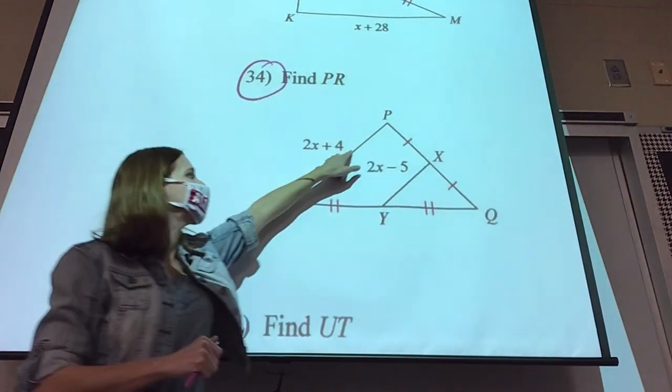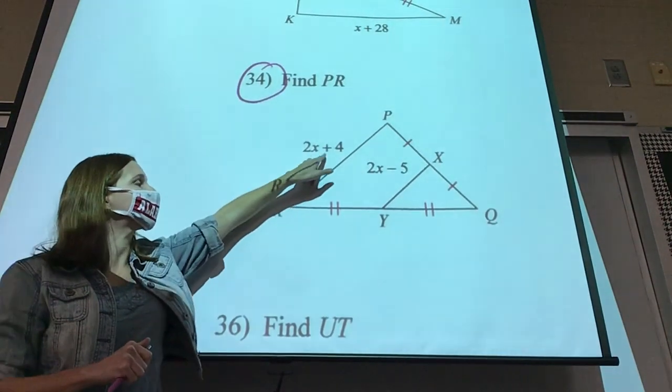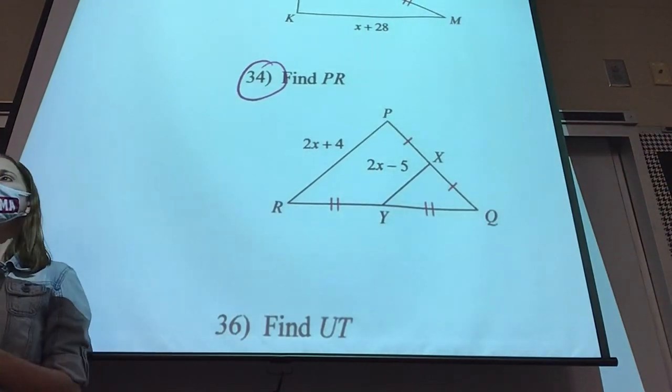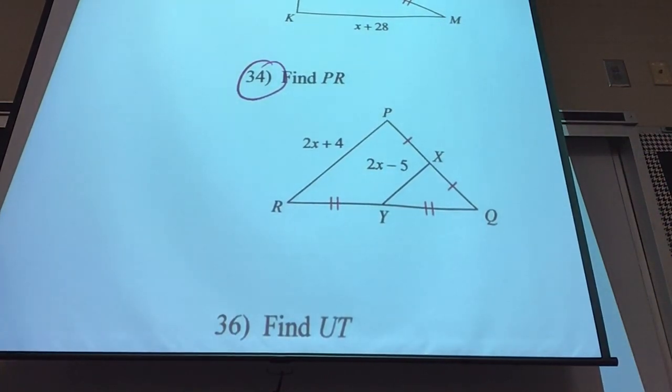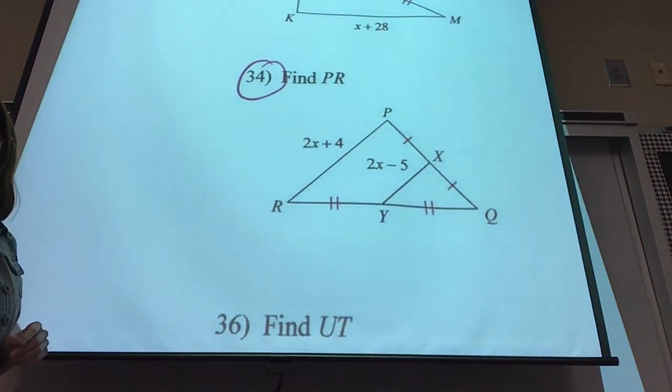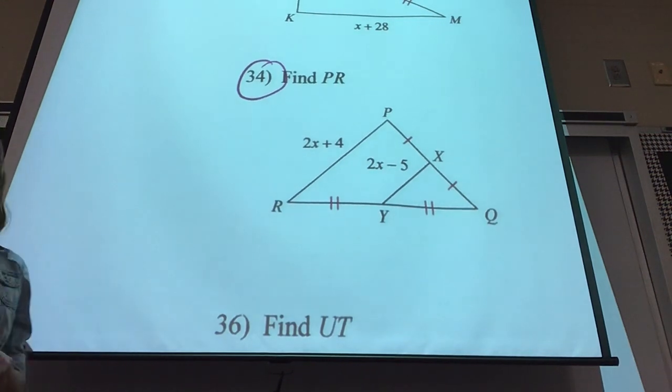So PR is this one. So you've got 2x plus 4, you've got 2x minus 5, and your job is to plug it back in once you find x and tell me what PR equals. So find x, plug it back in.